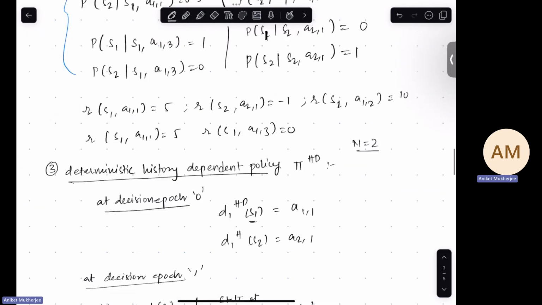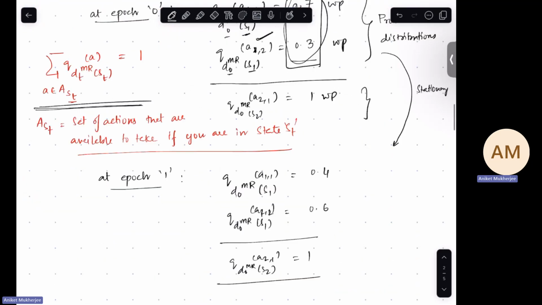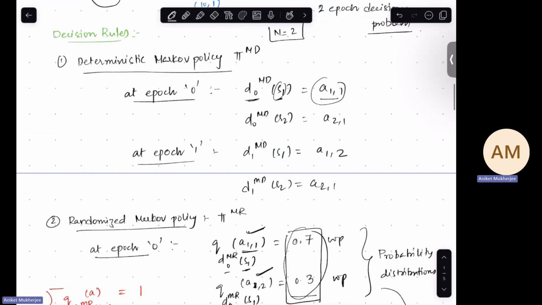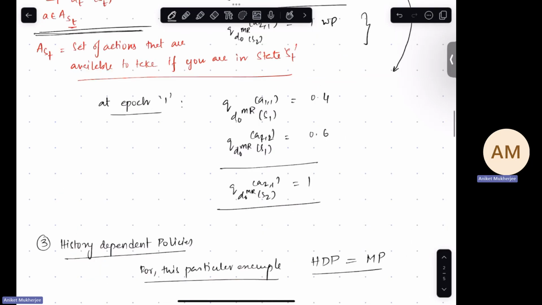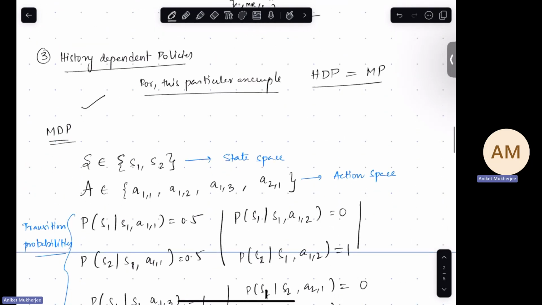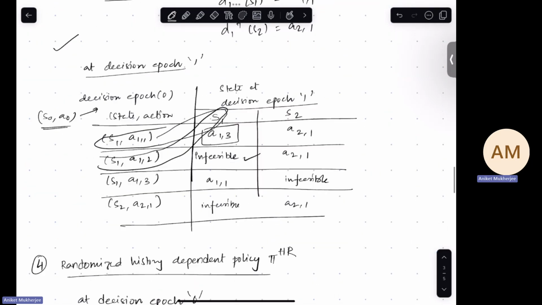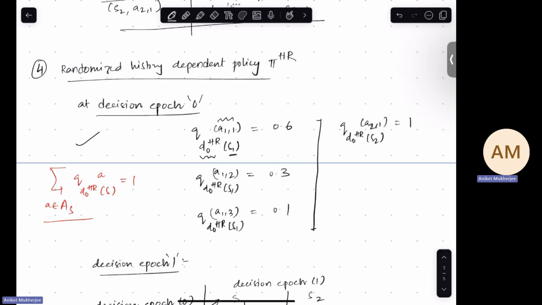So these are basically the different types of policies that we have: the deterministic Markov policy, randomized Markov policy, history-dependent policies, deterministic history dependent, randomized history dependent. And then there's one more thing, stationary policies.